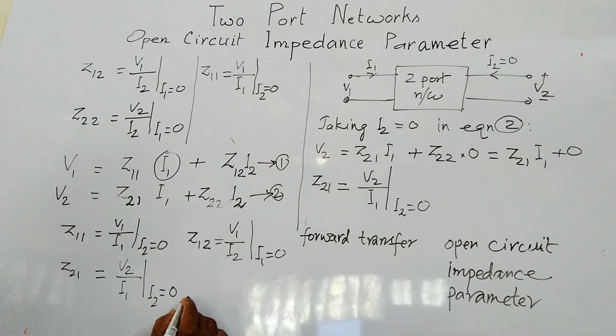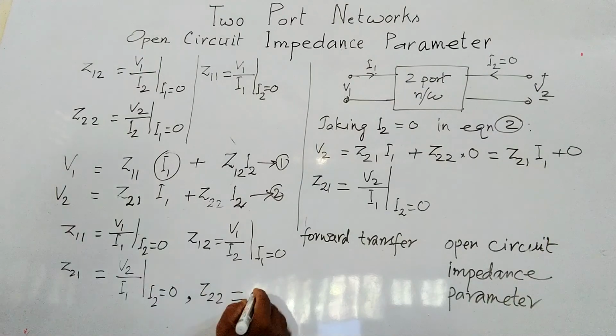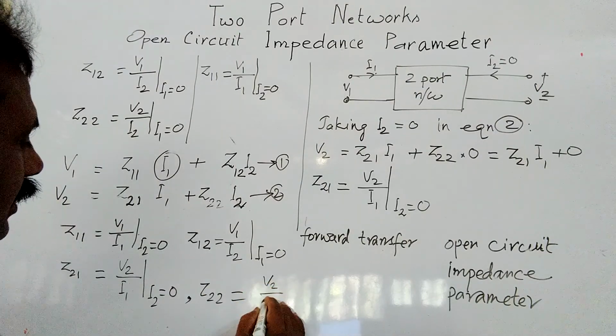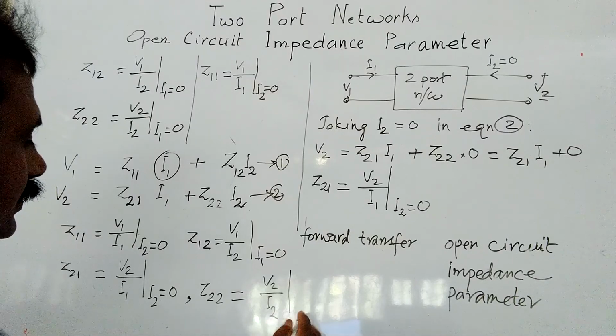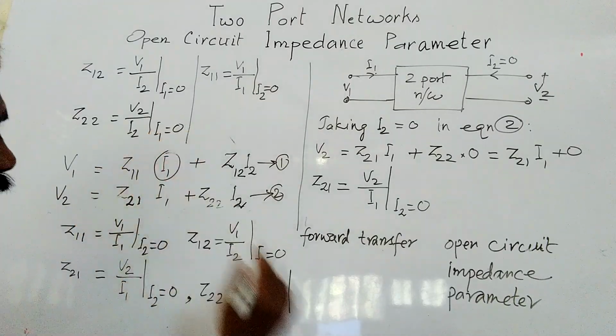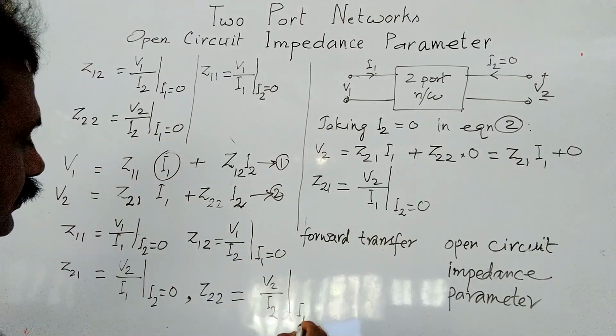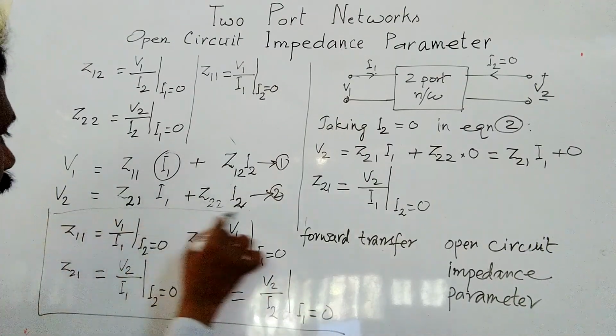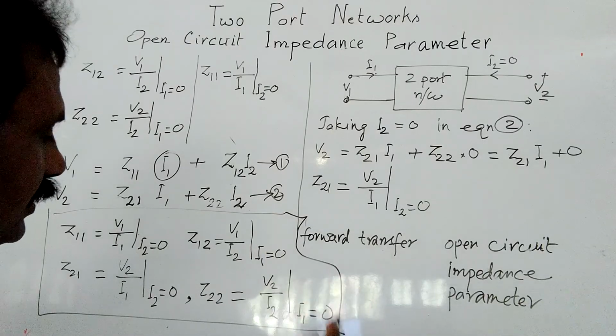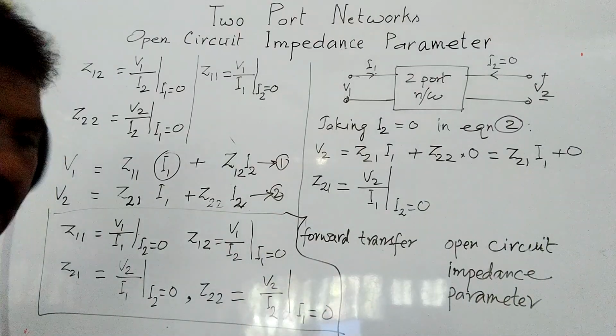And now finally Z22 is equal to what? That is V2 by I2 when I1 equal to 0. Okay, these are the values of the impedance parameters. We have to study about this.